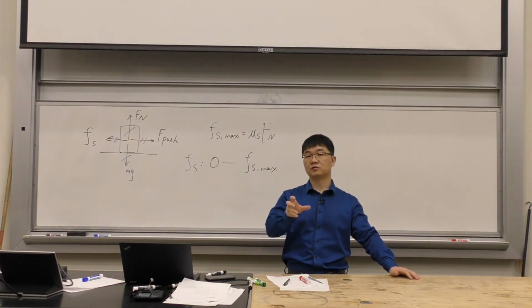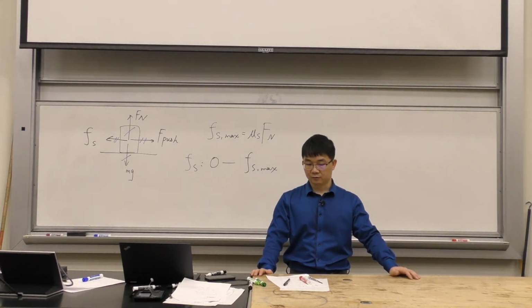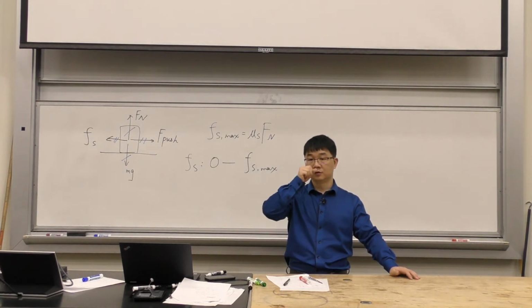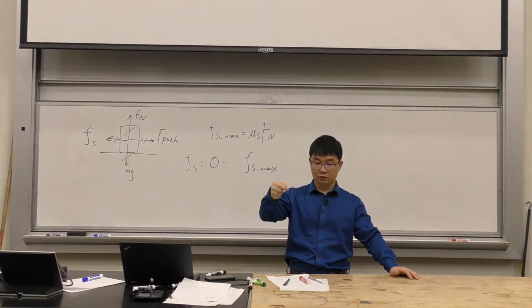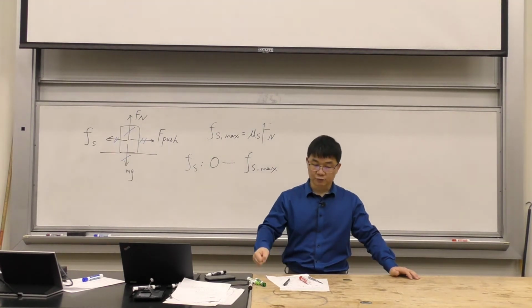So we're going to use that to determine the mu s. Now think about it. When you start raising one end of the surface, gravity is going to try to pull the object down, but static friction is going to keep it on the surface. You keep raising this surface.